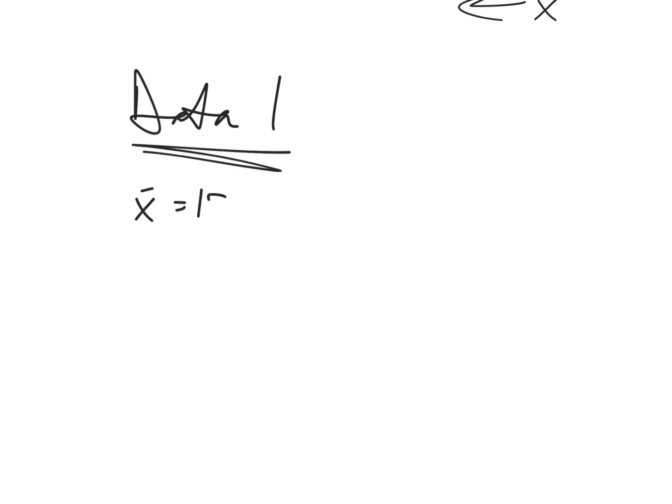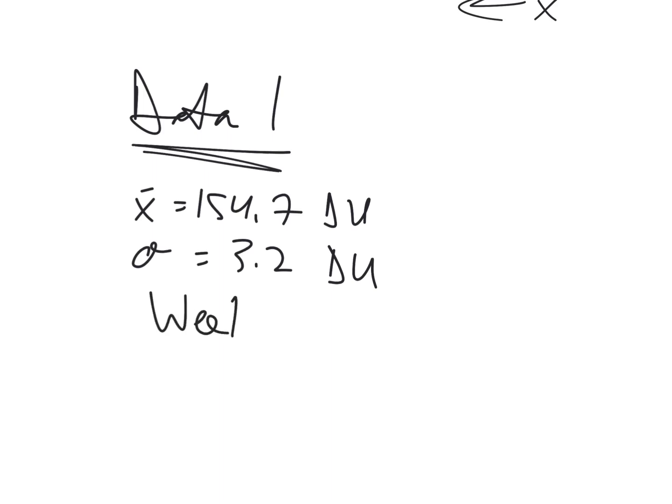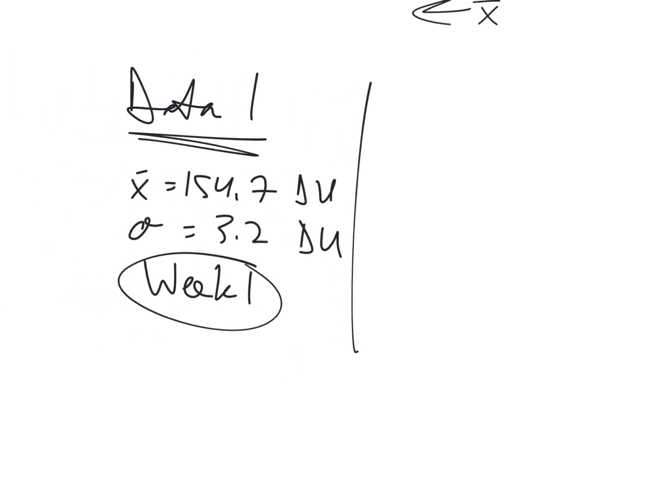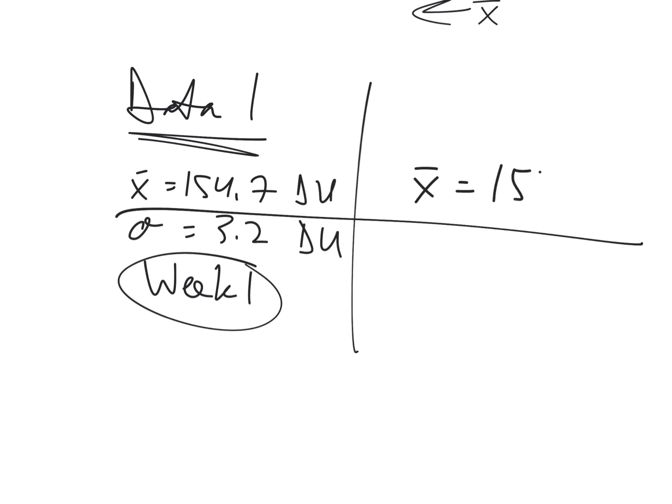So for example, if in data set 1, let's say in the week that we considered, we know the mean is 154.7 Dobson units and the standard deviation is 3.2 Dobson units. But let's say, call this week 1, but let's say in week 2, let's pretend in week 2 the mean is 156.2 Dobson units and the standard deviation is 3.7.